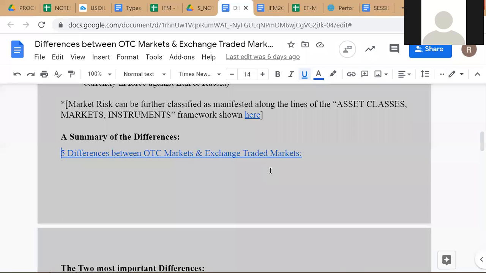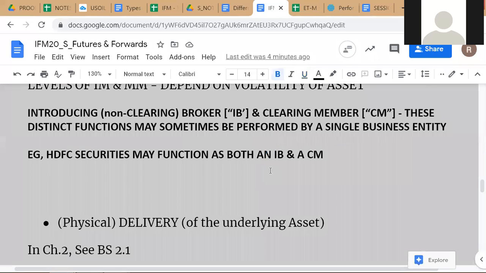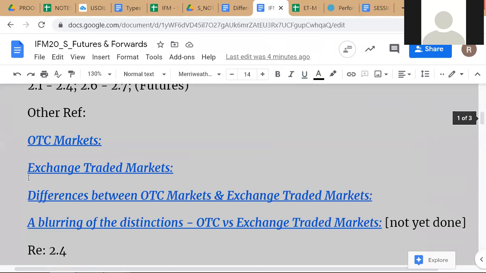And if you see that I put 3 notes here in your notes, so we have discussed this. We have discussed OTC versus exchange traded markets. We have discussed the credit risk management, the differences between OTC and exchange traded markets. And now there's this last note, which is the blurring of the distinctions.